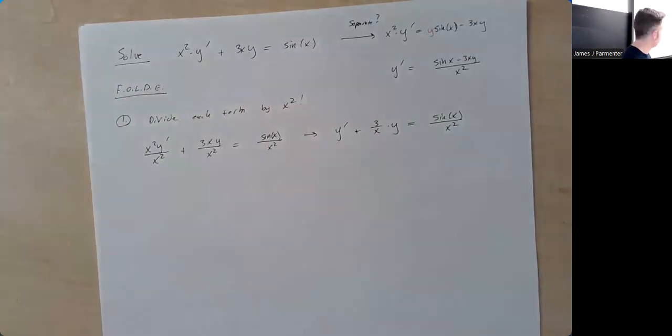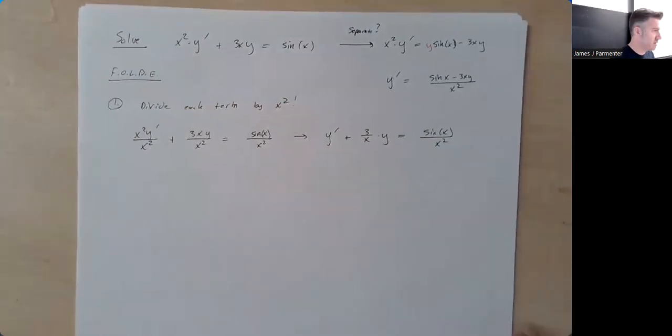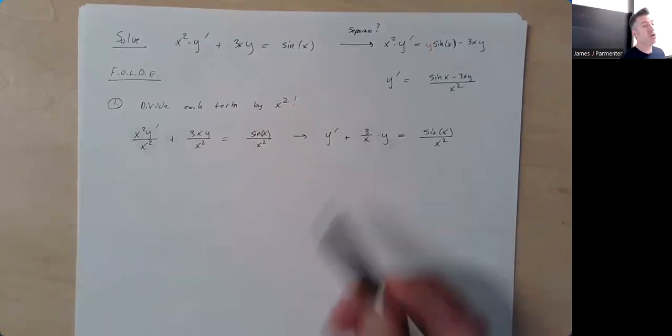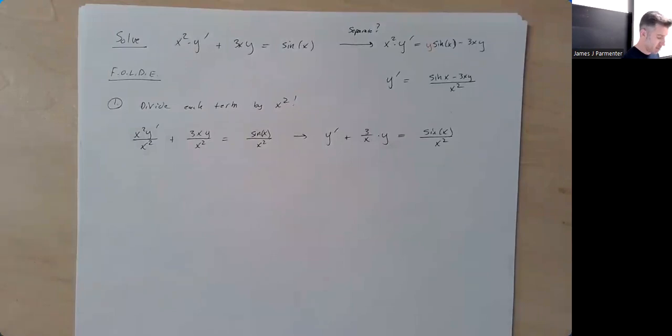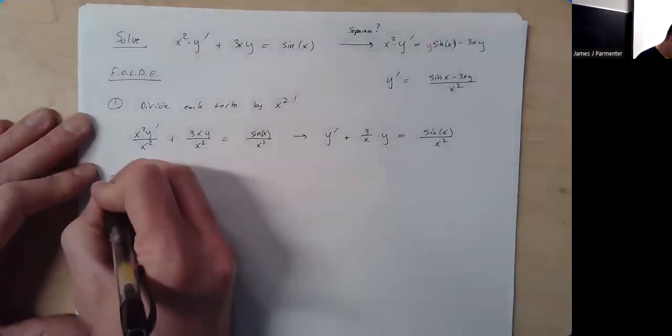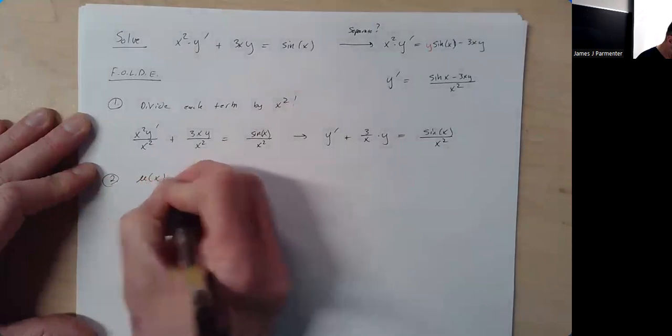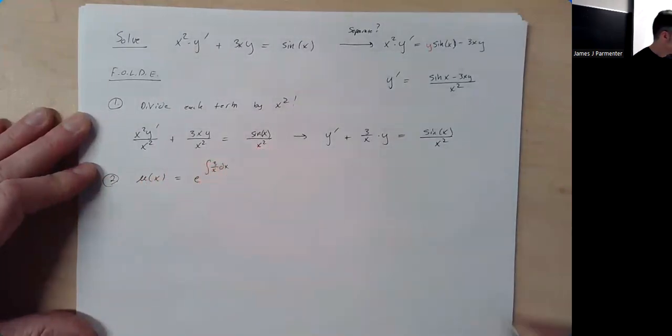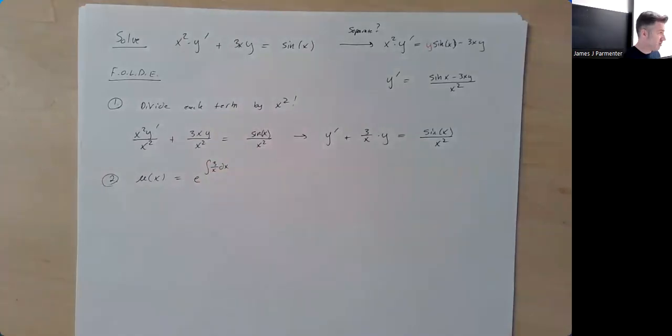I will point out that a lot of the time in these first order linear differential equations, you end up getting a p of x that's like 1 over x or 2 over x or 3 over x, which usually makes your integrating factor really, really nice. When you find the integrating factor as e to the integral of 3 over x, the integral of 1 over x is the natural log of x.